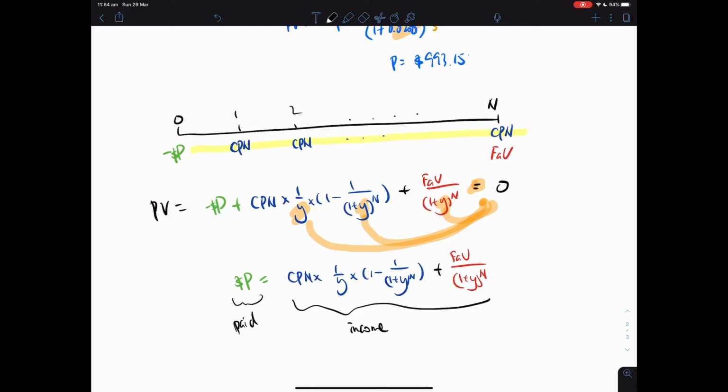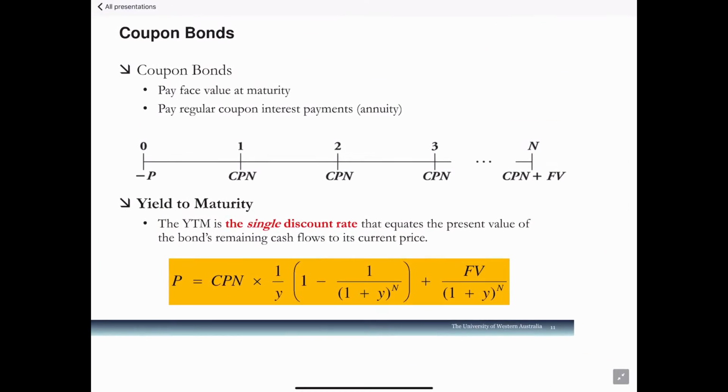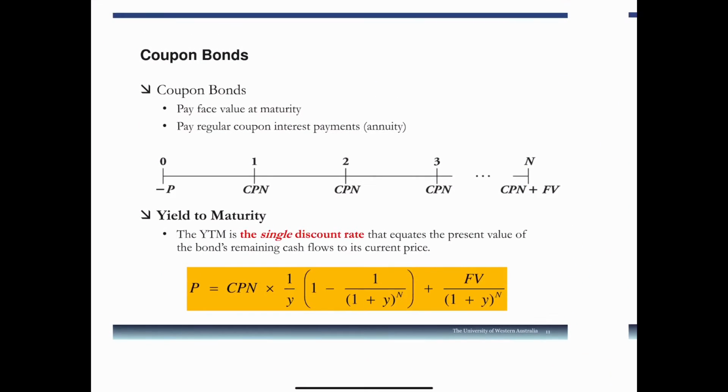And the yield to maturity is the one that sets this whole term to be 0. That's the function of yield to maturity. And that's the tricky bit in bond study, because the yield to maturity is not specified on the coupon paying bond.